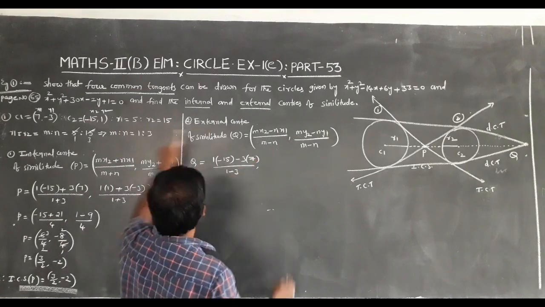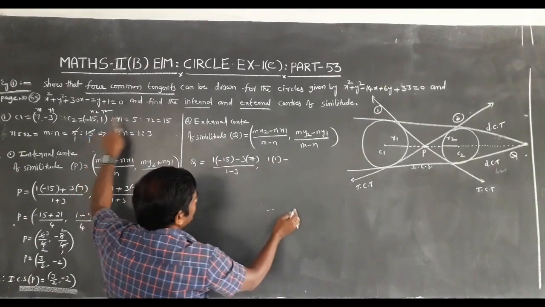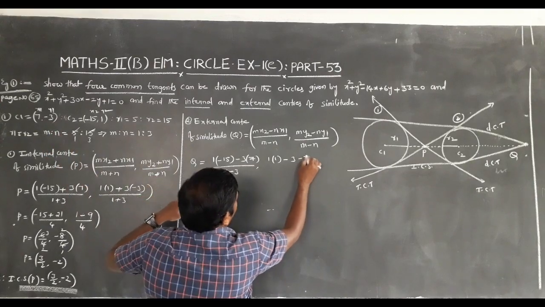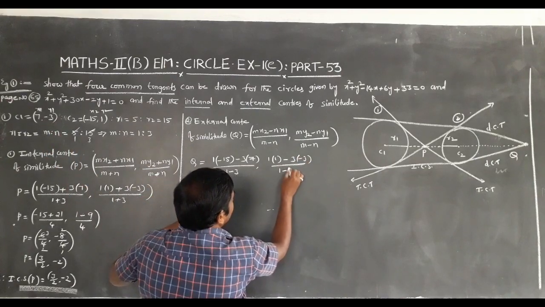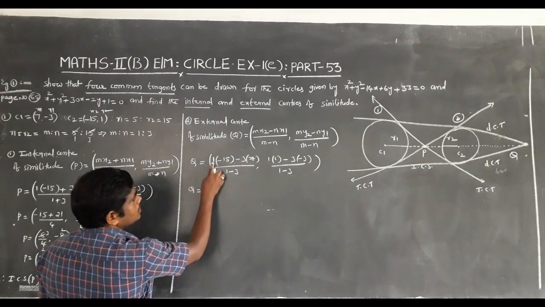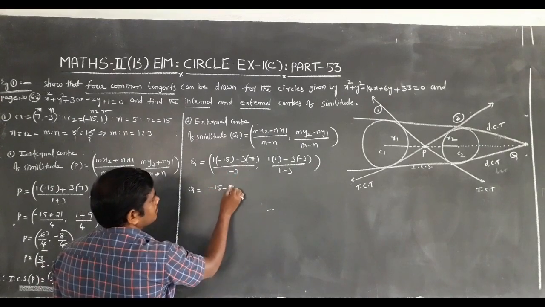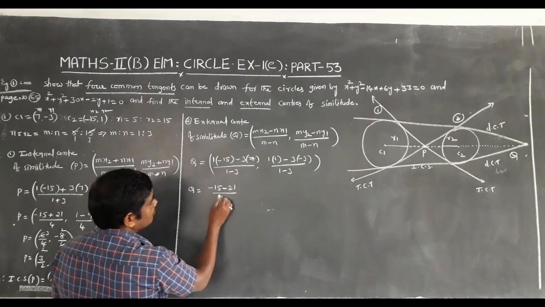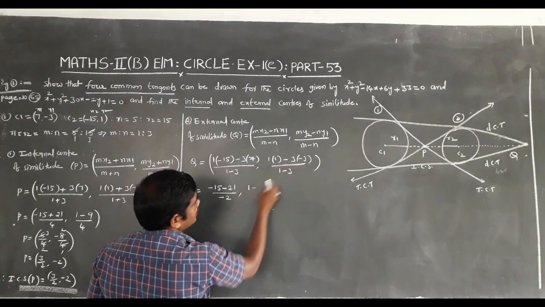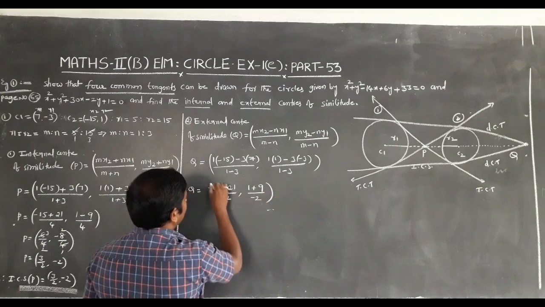And m is equal to 1, y2 is equal to 1, n is equal to 3, y1 is equal to minus 3, all divided by 1 minus 3.